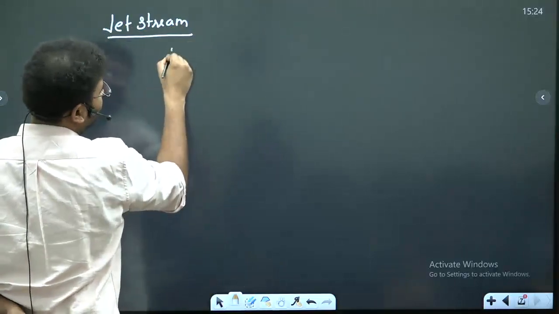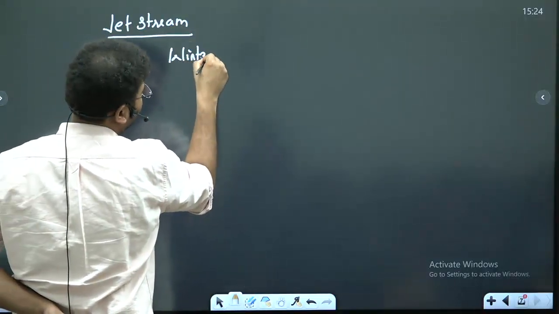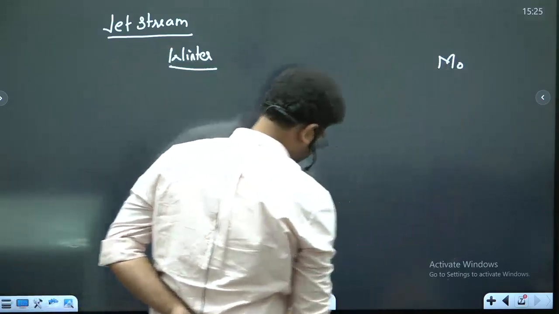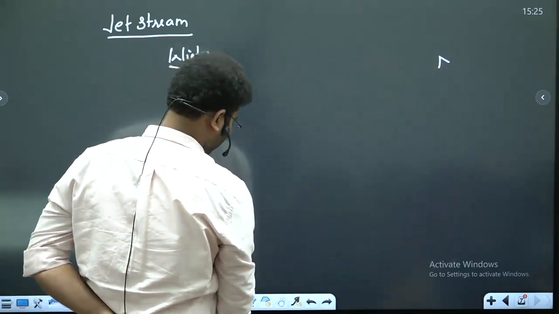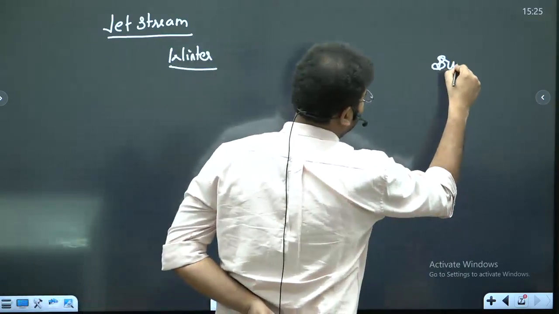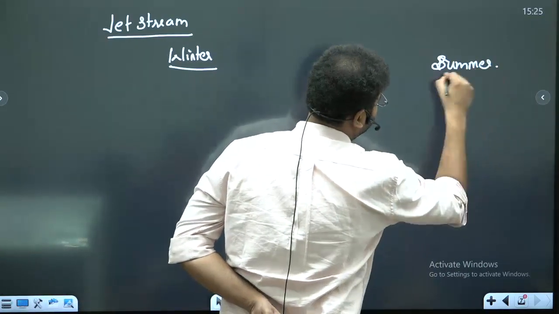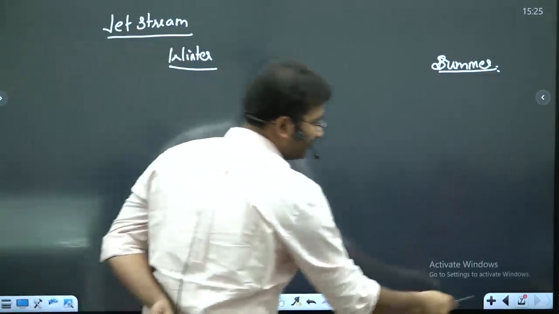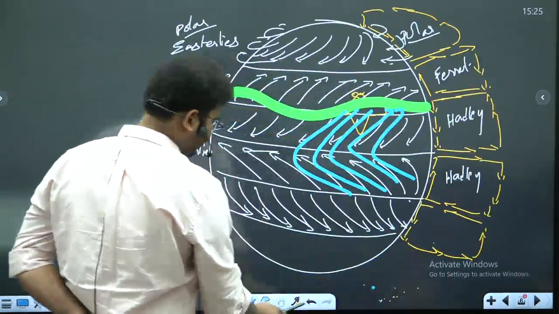Jet stream during the winter and during the summer. Winter jet streams and summer jet streams. So, where is this jet stream present?